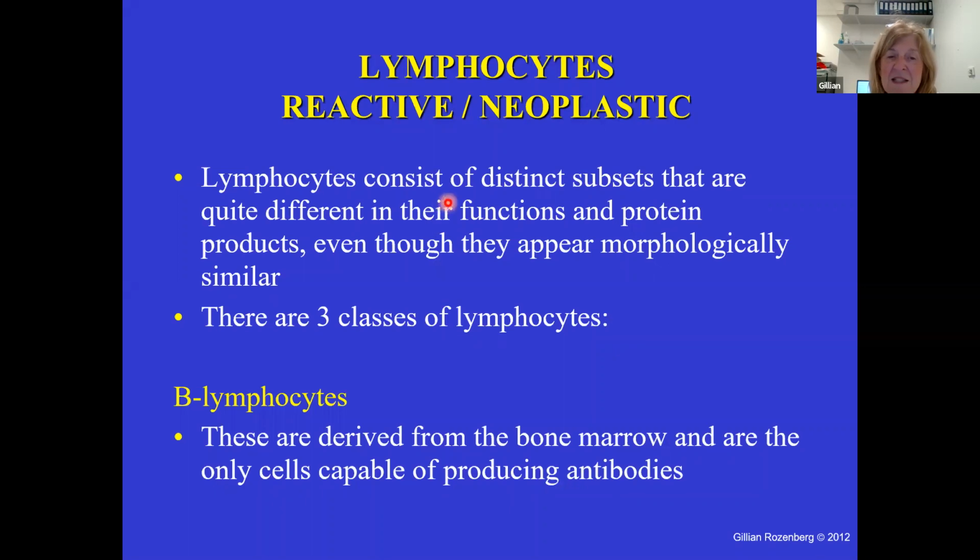Lymphocytes consist of distinct subsets that are quite different in their function and protein products, even though they appear morphologically similar. There are 3 classes of lymphocytes. The B lymphocytes are derived from the bone marrow and are the only cells capable of producing antibodies.